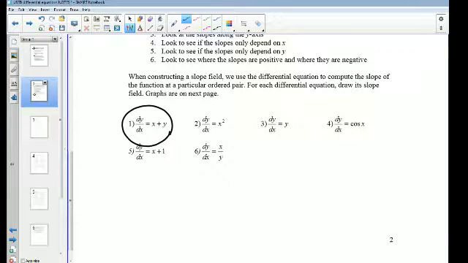It's called DiffEQ. Have you heard of that? We're just getting like a 1 week intro into it, but these are all differential equations because they are derivatives.